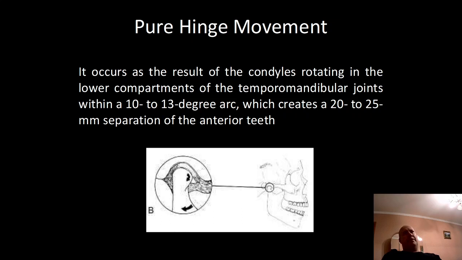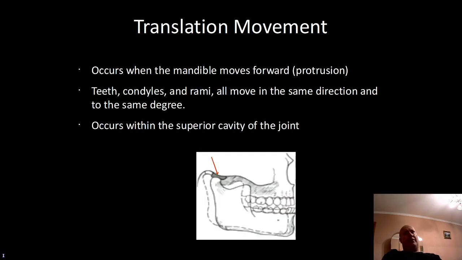Pure hinge movement occurs as the result of the condyle rotating in the lower compartment of the temporomandibular joint within a 10 to 13 degree arc, which creates a 20-25 millimeter separation of the anterior teeth.